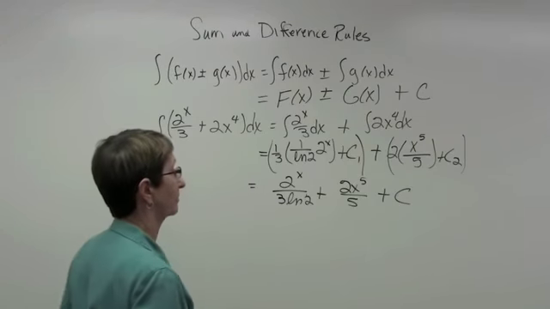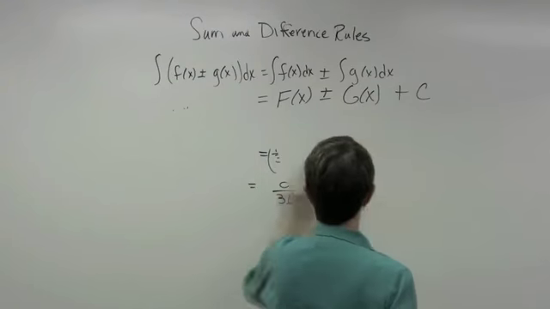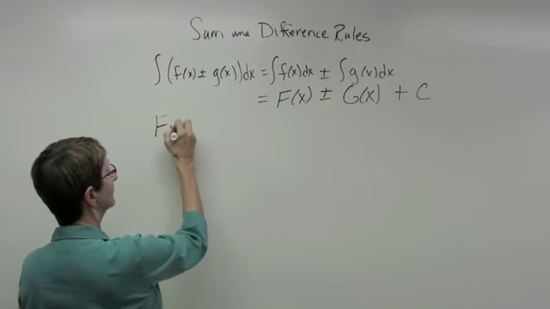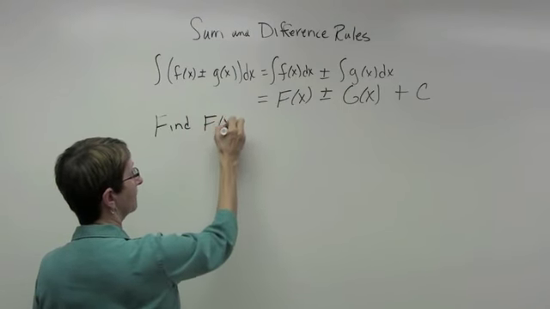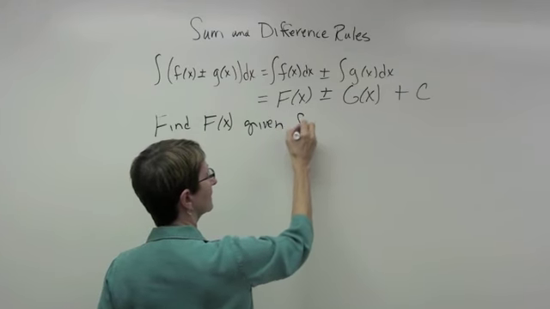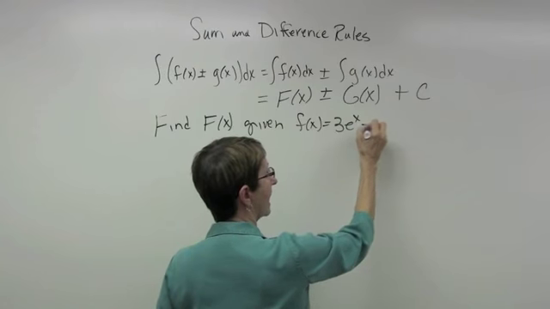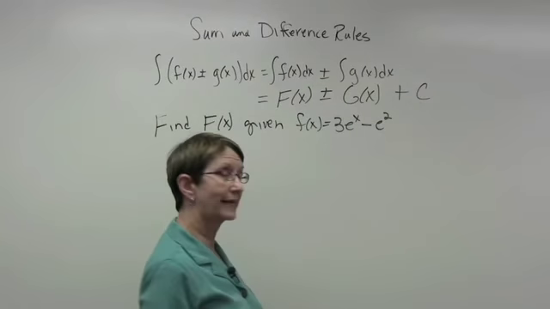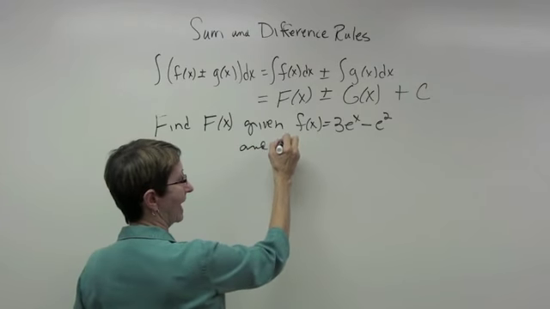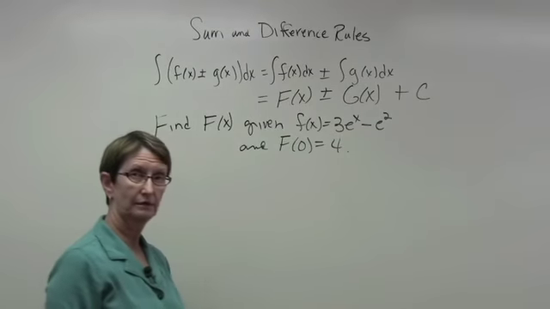Let's look at another example. Find capital F of x given little f of x is equal to 3e to the x minus e to the second power, and capital F at 0 is equal to 4.